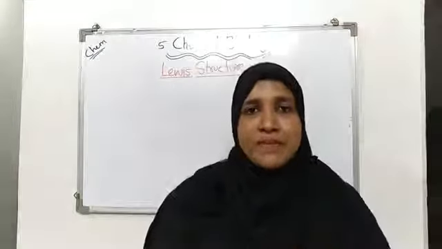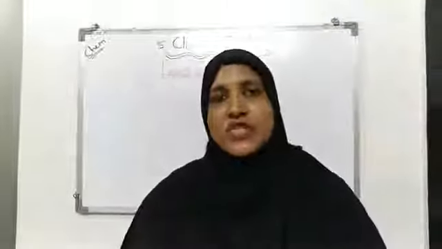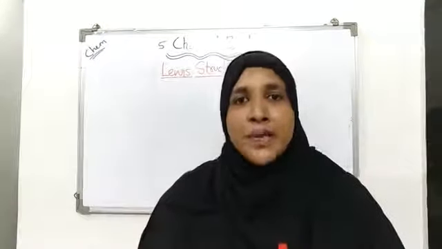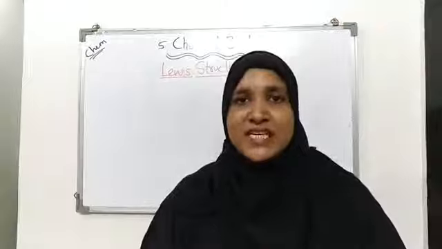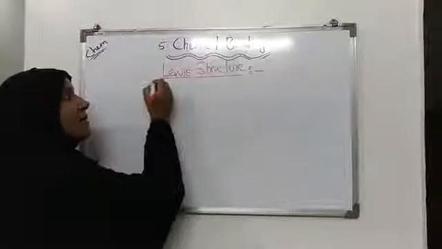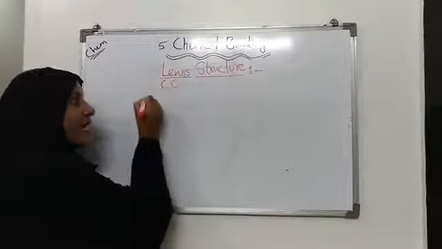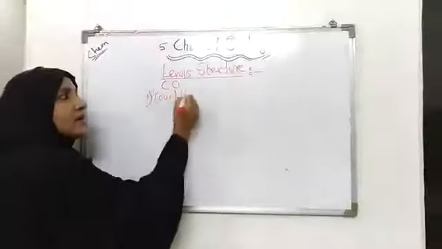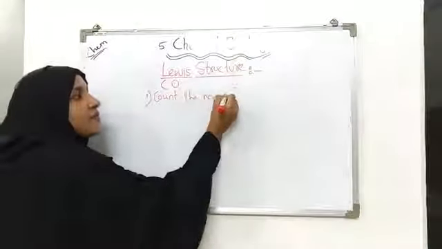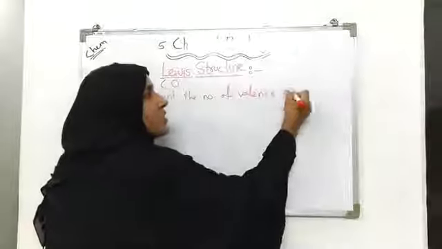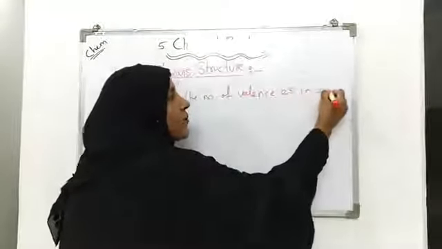The first step for writing the Lewis structure of any molecule is to count the number of valence electrons in the molecule. So our example is carbon monoxide, and the first step is to count the number of valence electrons in the molecule.